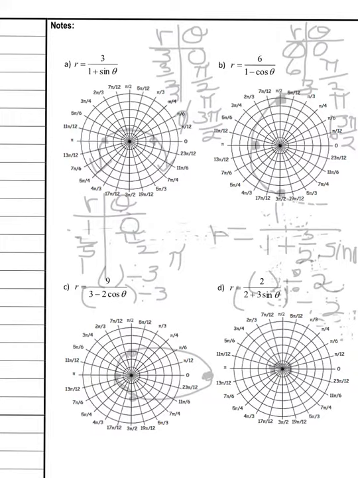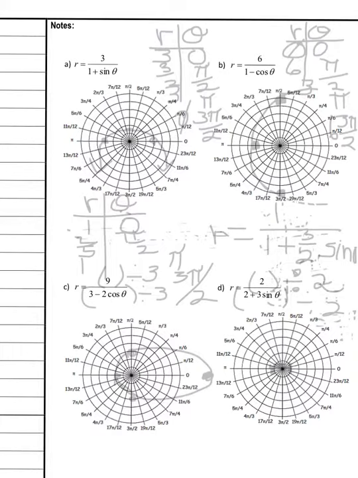And then my last one is 3 pi over 2. 3 pi over 2 is negative 1. So that makes this negative 3/2 over 2, so that's going to give me negative 1/2.